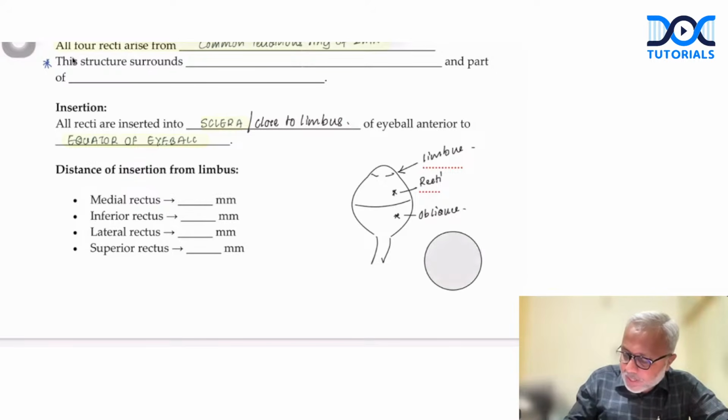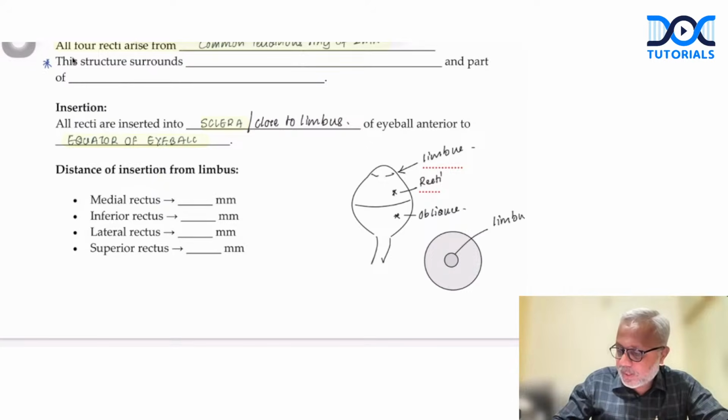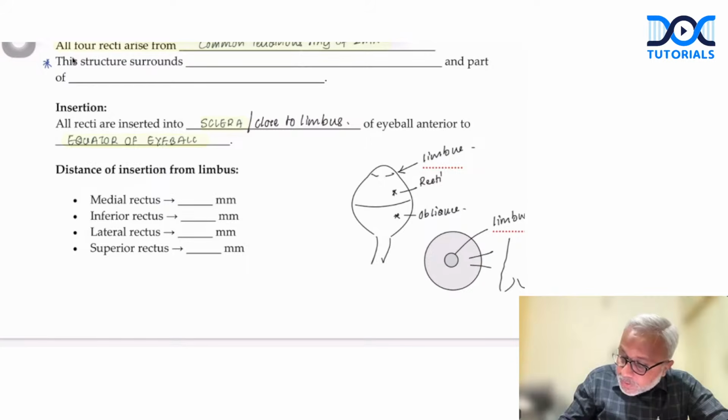Let's imagine this is the eyeball and here we have the pupil, the cornea, and here we have the limbus. Now, let's imagine this side we have the nose. So we have the attachment of the medial rectus, the inferior rectus, the lateral rectus and the superior rectus.